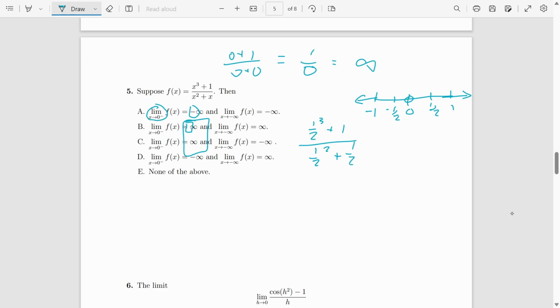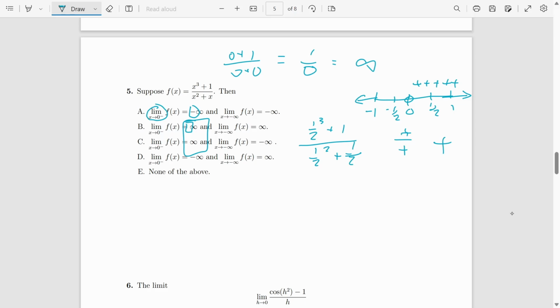And you don't actually have to evaluate the entire thing. Just try to figure out if it's positive or negative. So that looks like the top will be positive and the bottom will also be positive. So this will end up being a positive number. So we know that on the right side of the function, this will be positive, at least for a little while, at least surrounding the 0.